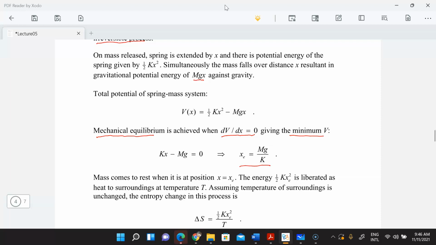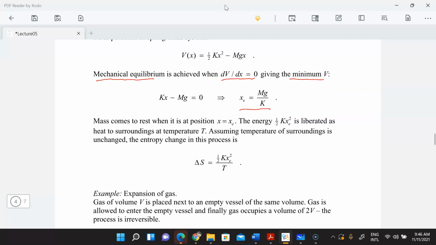Okay, so when it comes to rest and has this particular position xe, one can simply write the potential energy of the spring with respect to the extension of the mass, which has now reached equilibrium because there's another force acting on it, which is the gravitational pull.